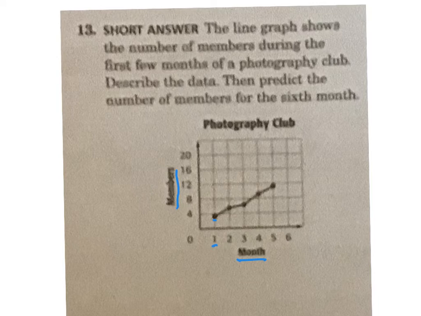So 1 month would be 3 members, 2 months, maybe like 6 members, 3 months, maybe 7, 4 months, maybe 9 or 10, 5 months, maybe 11. So let me see what's happening here.